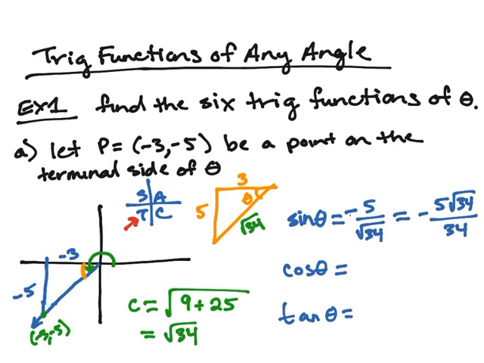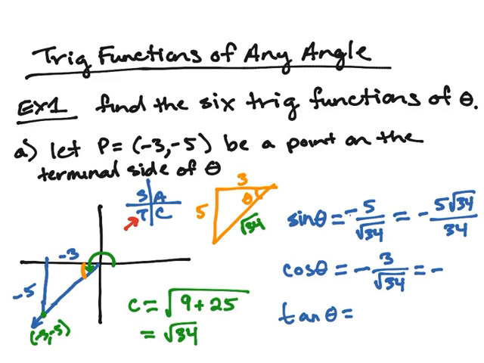Cosine theta is going to be adjacent over hypotenuse. Our adjacent side is 3 over hypotenuse of the square root of 34. We need to determine the sign of it. In quadrant 3, tangent's the only thing positive, so we're going to be negative for cosine here. And then we rationalize it.